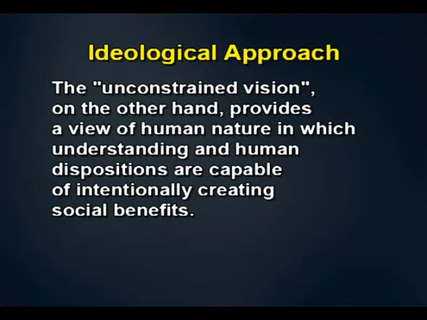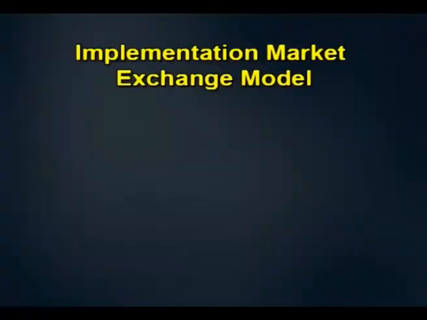The unconstrained vision, on the other hand, provides a view of human nature in which understanding and human dispositions are capable of intentionally creating social benefits. This view of human nature is often associated with the liberal view that human nature is no constraint. Rather, constraints are imposed by the environment outside the individual.